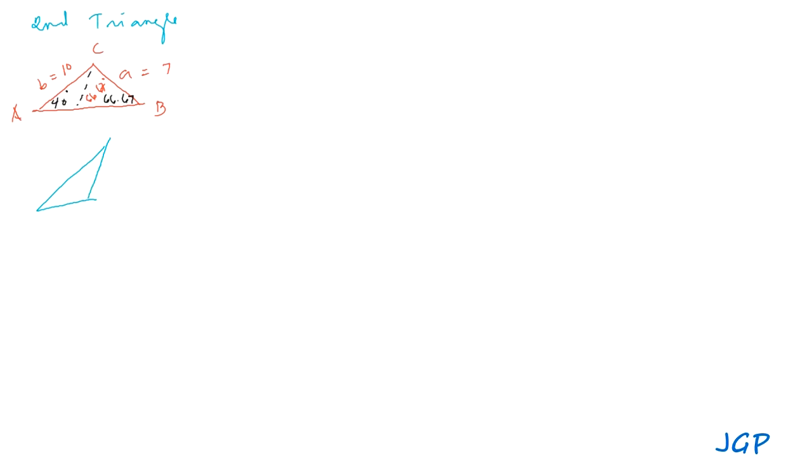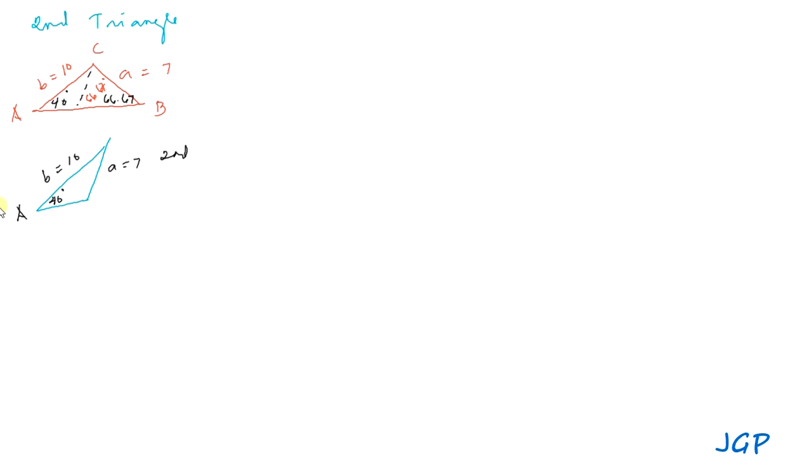Our second triangle now is like this. Your angle A is still 40 degrees. And since they are isosceles, your A is still 7, and your B is still 10. To find this, just subtract 66.67. This is our second triangle.